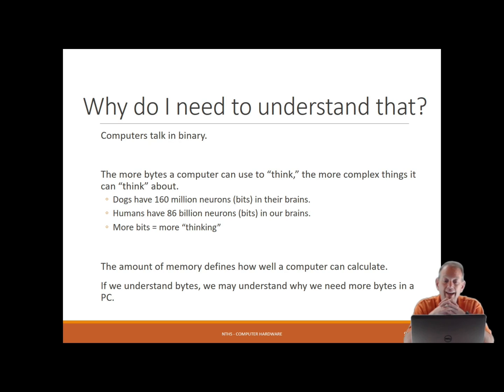But humans have 86 billion. That's the difference between how a dog brain thinks and a human brain thinks. We have many, many times more neurons firing in our head, allowing us to do much more thinking than your common dog can do. So in terms of a computer, the amount of bytes of memory available and how fast the computer calculates all determines how big and how powerful that computer is.